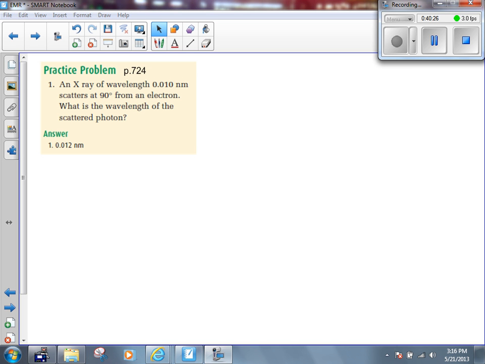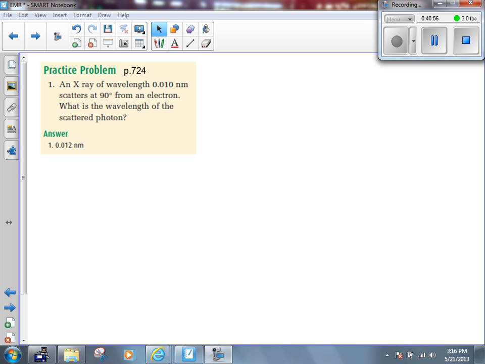But what I'm saying is, how do you know which is the value you're given? If it says an X-ray of wavelength 0.01 nanometers scatters, then what you start with is the scattering. If we have a group of people standing in front of the school on a Friday night, and the police come and they scatter, the group of people is what we started with.